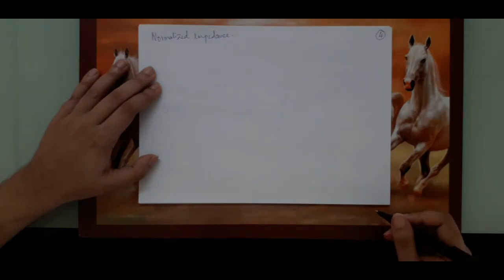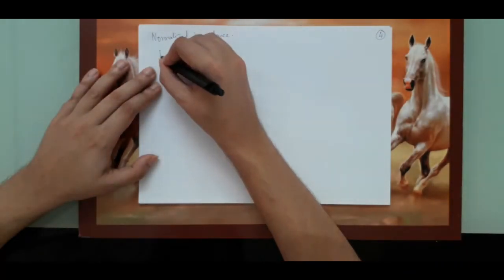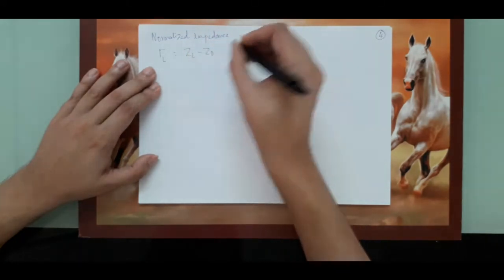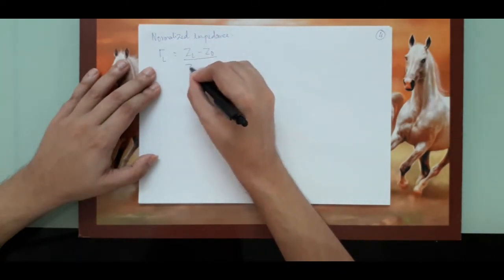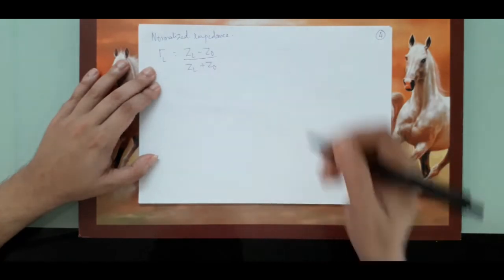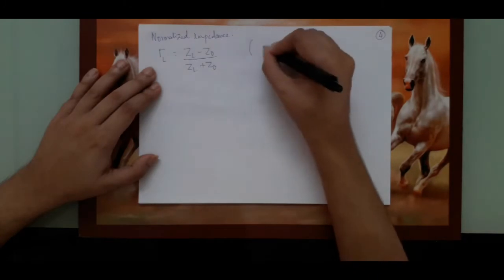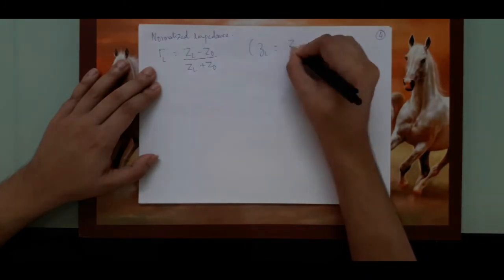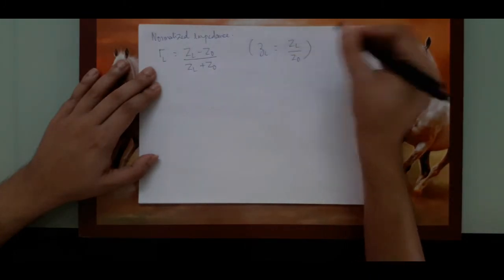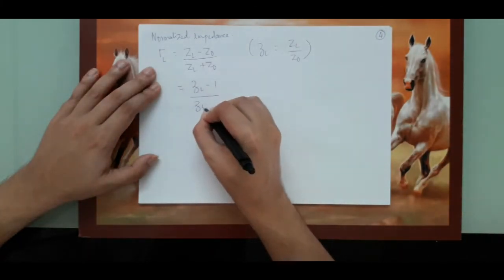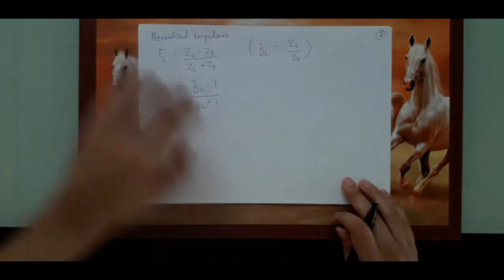So using normalized impedance of the load, I can define my gamma L as ZL minus Z0 divided by ZL plus Z0, in terms of the normalized load impedance, where I can put small zl is nothing but capital ZL by Z0. This will be small zl minus 1 by small zl plus 1.